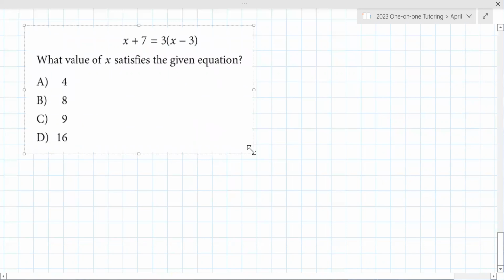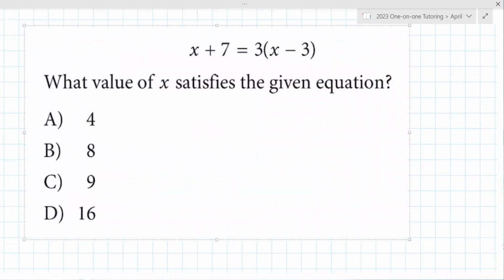All right, so here's another one before we switch topics. Equals 3x minus 3. So 4 plus 7 equals 13. 4 minus 3 is 1.